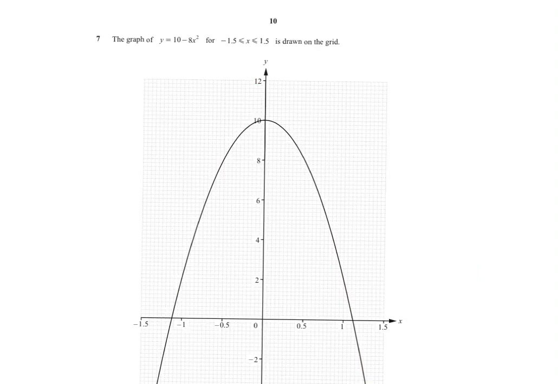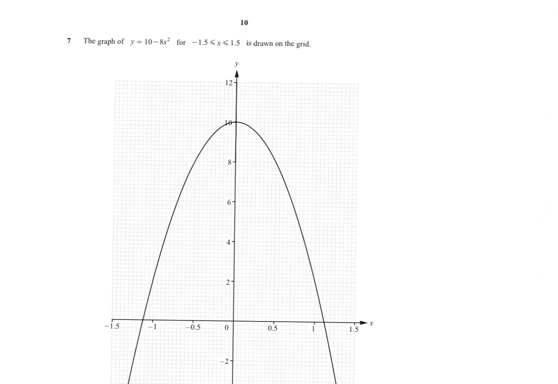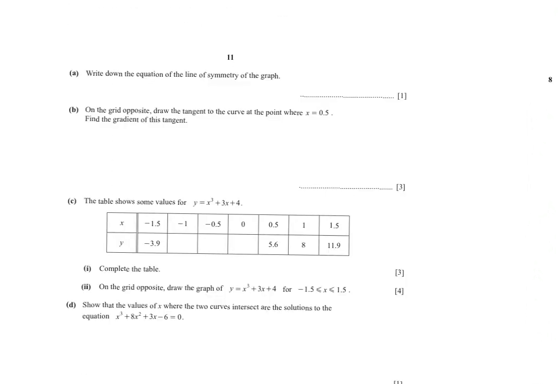Number 7. The graph y equals 10 minus 8x squared is drawn on the grid. This is the graph. Write down the equation of the line of symmetry of the graph.